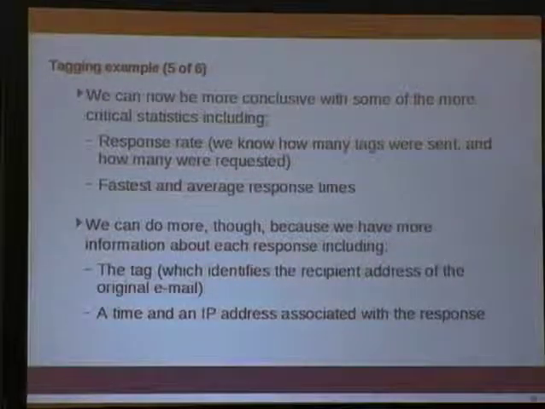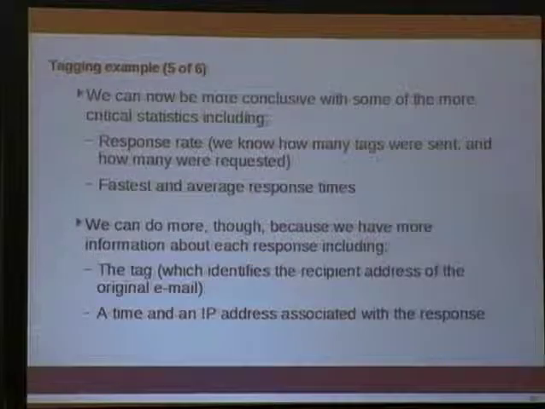We can go a step further because of all the information we have now: we have the tag that we sent out, and that's coming back in our responses. We have the times of the request, and we have IP addresses associated with the response. So you pull all that information together, and let's summarize what we know even from this basic scenario.